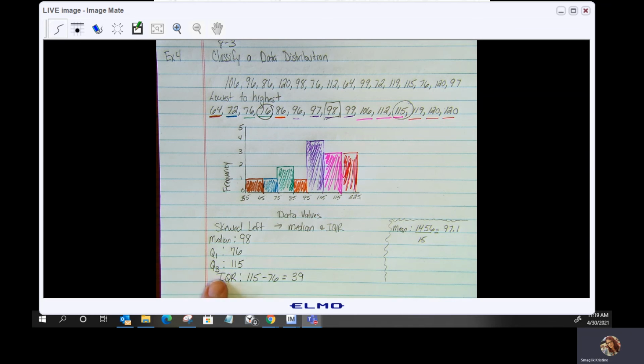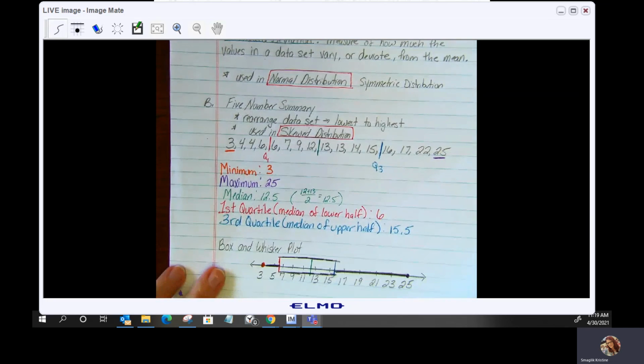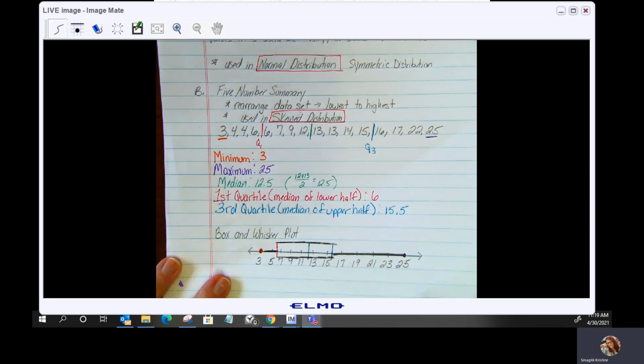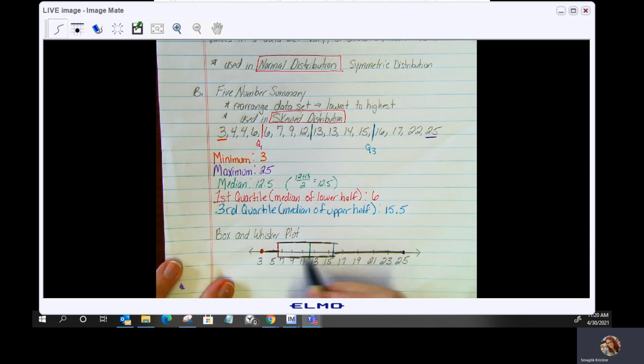Now let's take a look at our quartiles, comparing the range between each quartile and the median. Because if you remember, we did a box and whisker plot. And what is in this box is your IQR.